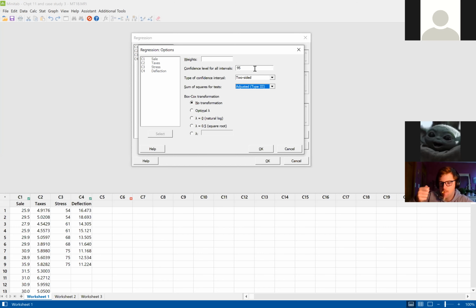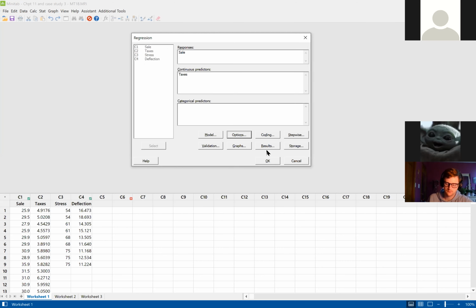The only thing that you guys would ever potentially change is the confidence interval. So if the problem says 95% confidence interval, that's the default, so you can just use it. You don't need to change anything. If it says a 90% confidence interval or a 99% confidence interval, this is the box where you would go to change that, and you would type that in there.